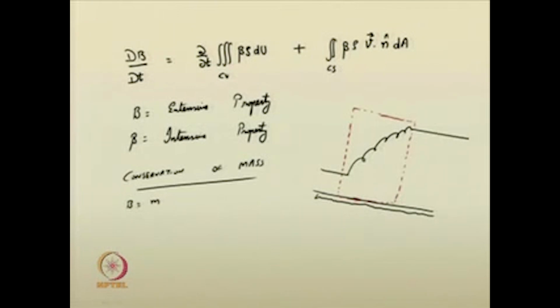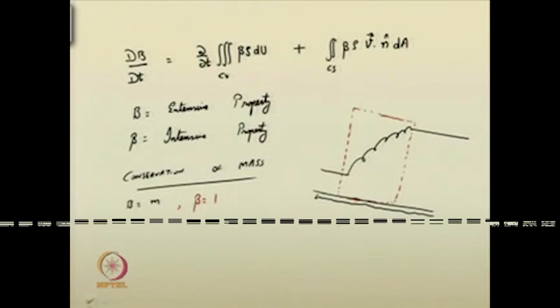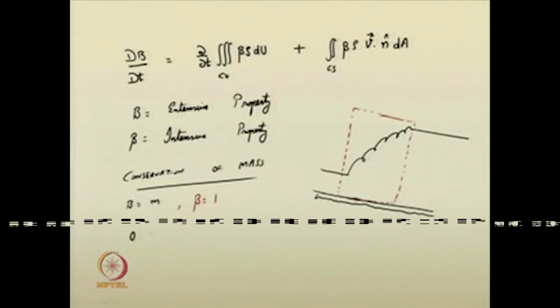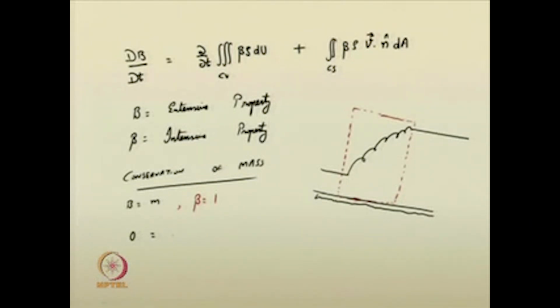In the Reynolds transport theorem, if you take the extensive property B as mass, then I hope you remember the intensive property beta is 1. The conservation of mass equation as per the Reynolds transport theorem is 0, that is, the rate of change of the extensive property is 0, because mass can neither be created nor destroyed.